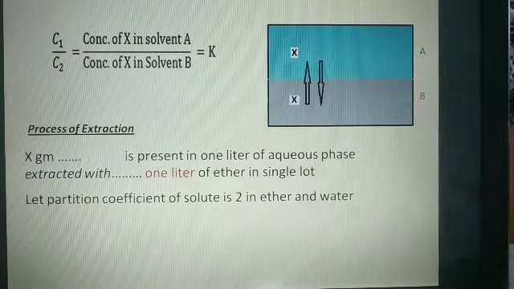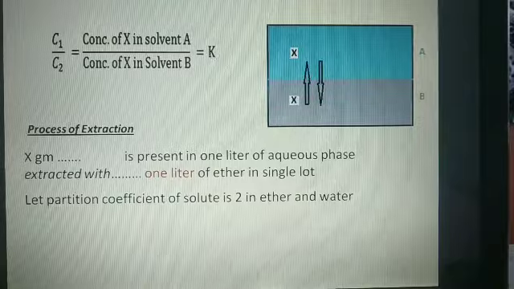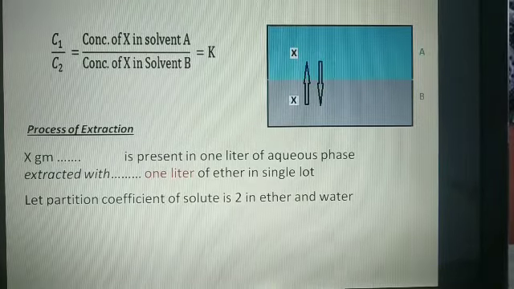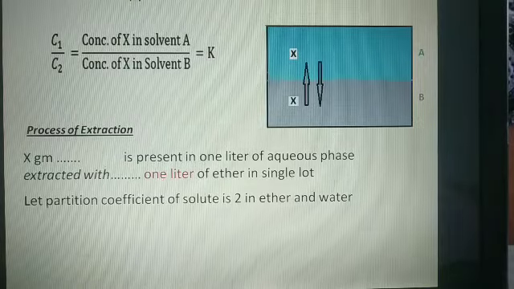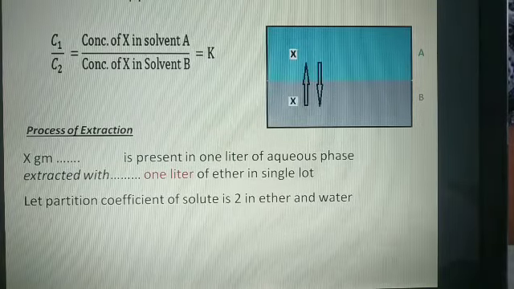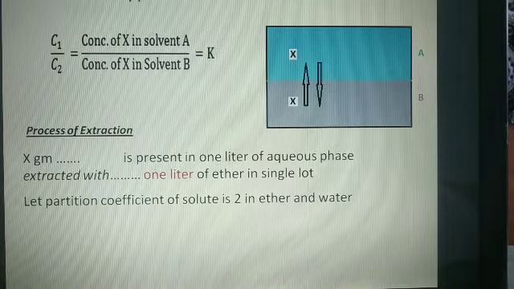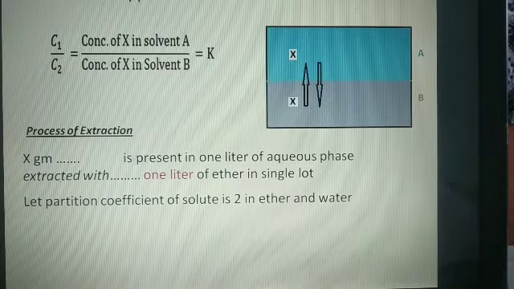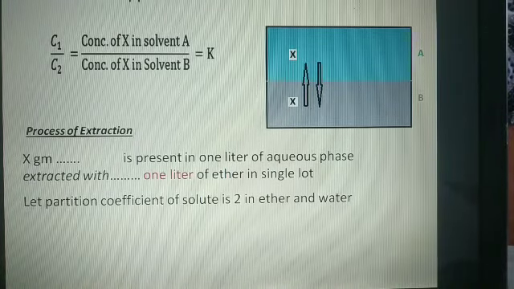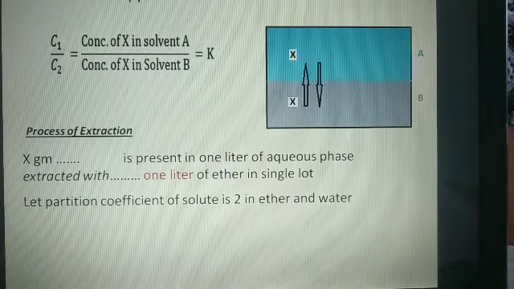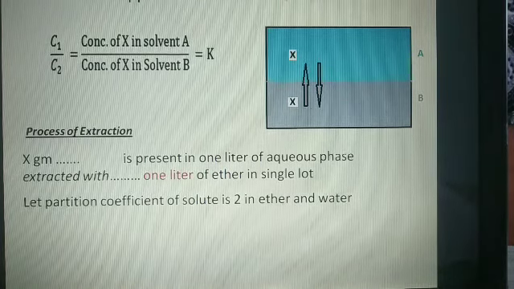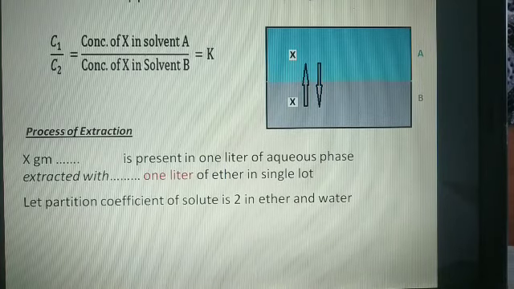In a single lot means the whole of the ether will be utilized at a single time. So care should be taken that the choice of solvent should be such that the solute is more soluble in the solvent with which you are going to extract than the solvent in which it is present.